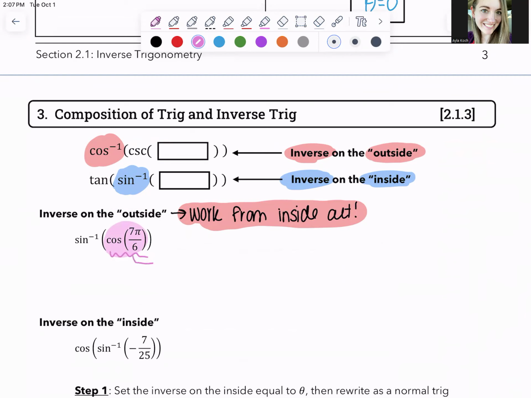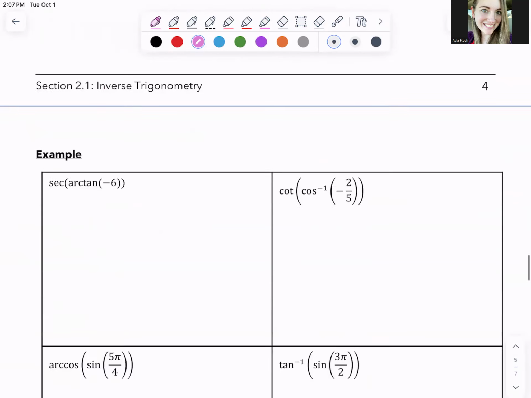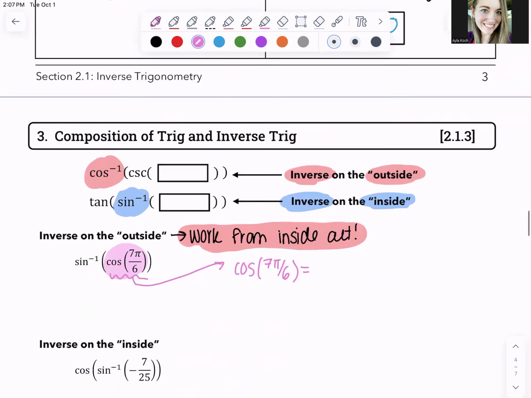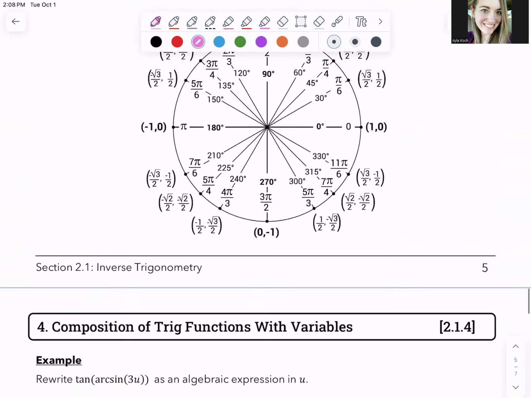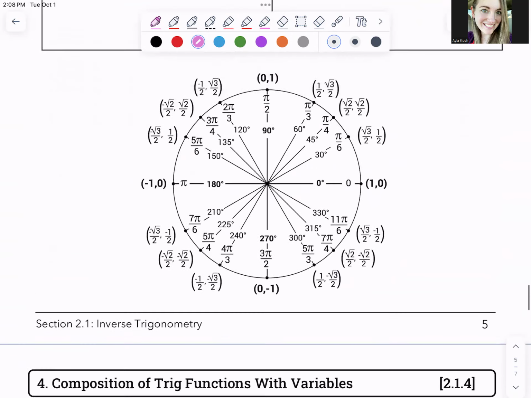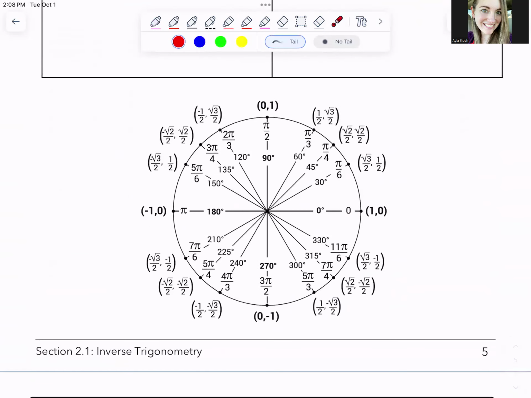Cosine of 7 pi over 6 is the x value at 7 pi over 6, which is negative square root of 3 over 2.